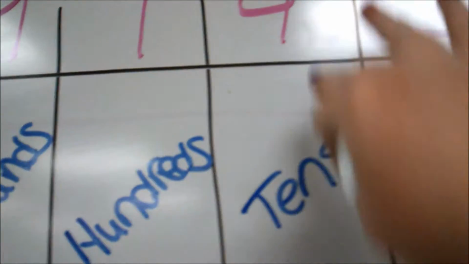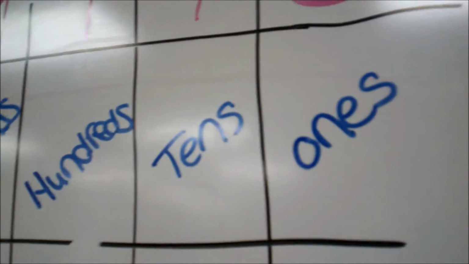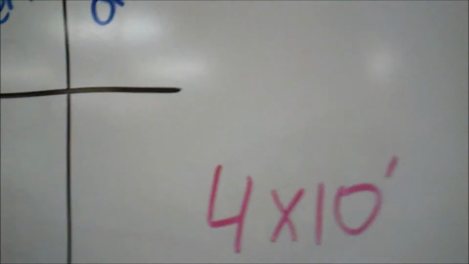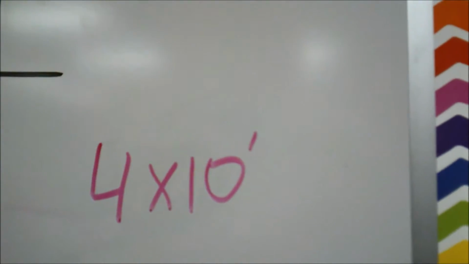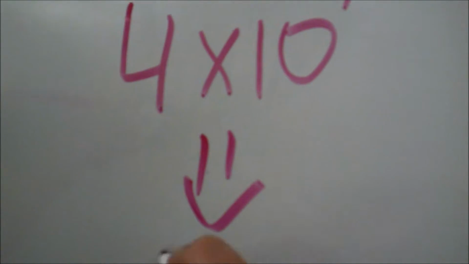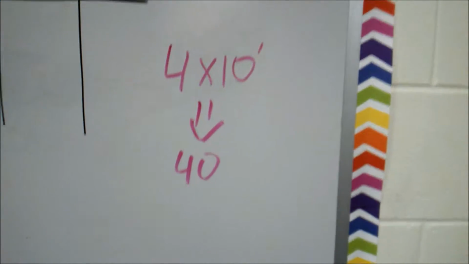And because I want to hold that digit of 4 in my tens place, I can write it as 4 times 10 to the first power. Now 4 times 10 to the first power is the same as 40.